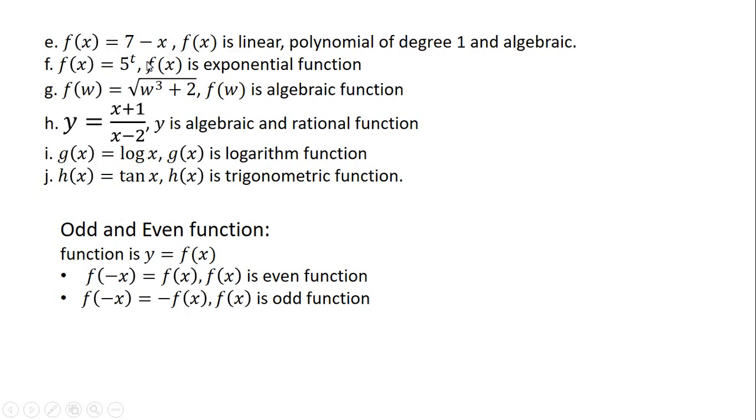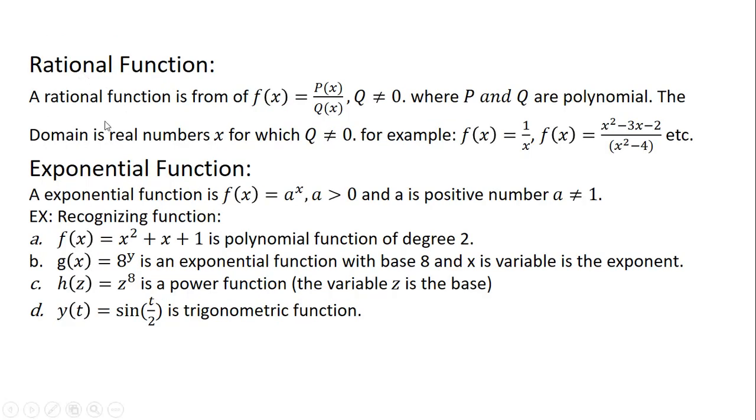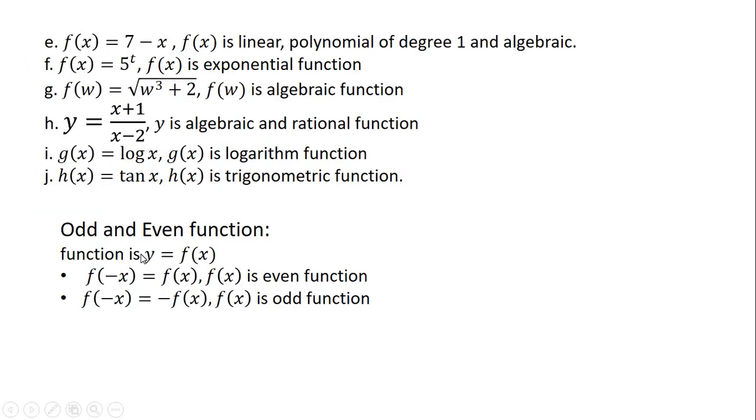This is an exponential function. Previously we saw 8^x is an exponential function. In this we have a number in the base, but the power changes. F of x equals the radical of x cube plus 2. F of x is an algebraic function.